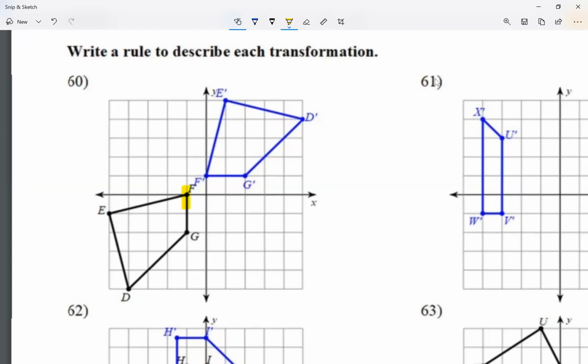And when I look at the image, in blue, F is the lowest point of the figure. So it's not quite translation. Things just didn't move. Notice how on the pre-image, all my points are E, F, G, D, just regular letters. And notice how in the blue, all of them are called primes. So you do know which one happened after the other.